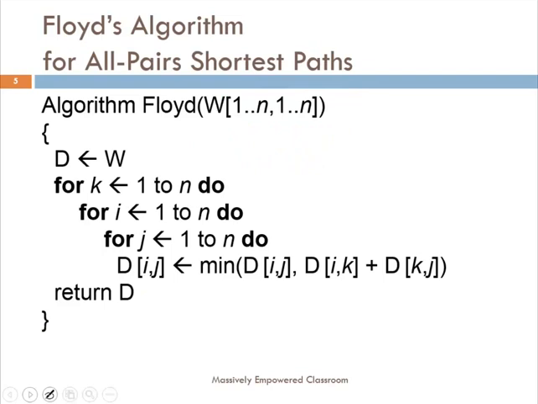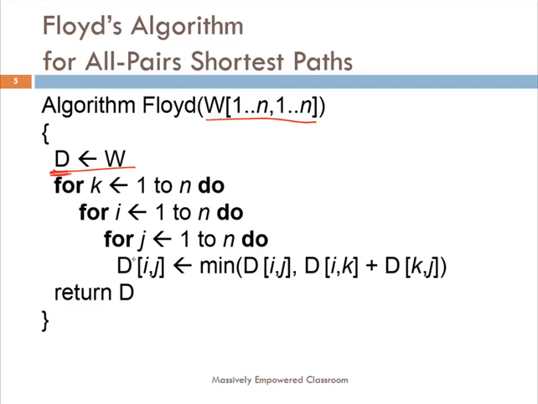The structure of Floyd's algorithm is exactly the same as that of Warshall's algorithm. So we are given the weight matrix, an n by n matrix. We take that to be the initial distance matrix. Unlike in the case of Warshall's algorithm, since we are only dealing with distances, we don't need to remember the previous version, so we overwrite the same D matrix for all the different values of k.